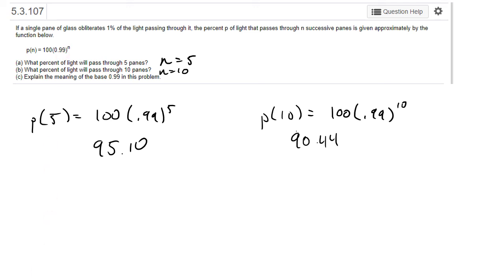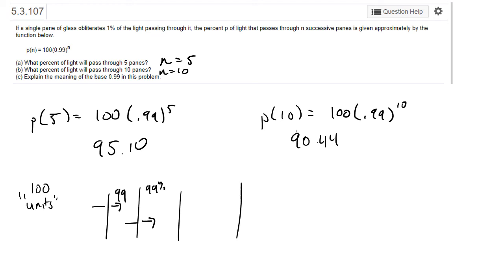Okay. So if I have a pane of glass and a pane of glass and a pane of glass and a pane of glass, if I have, for example, 100 units of light, only 99 out of 100 make it through. And now it goes through another pane, which means 99% of 99 makes it through, because 99 units attempt to make it through the second pane, so only 99% of that will make it through.